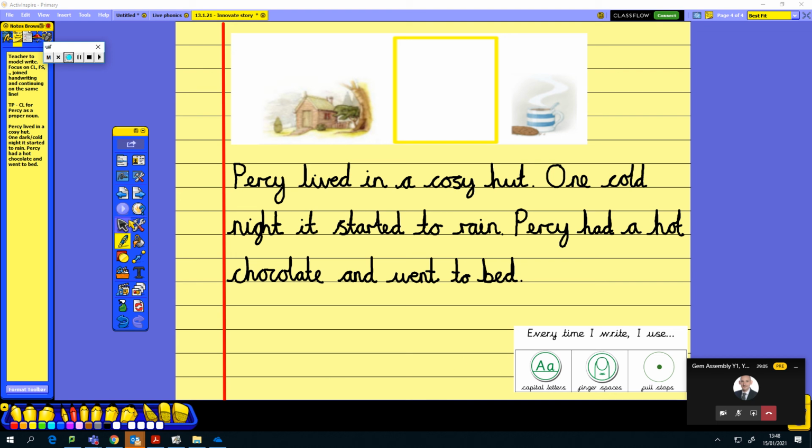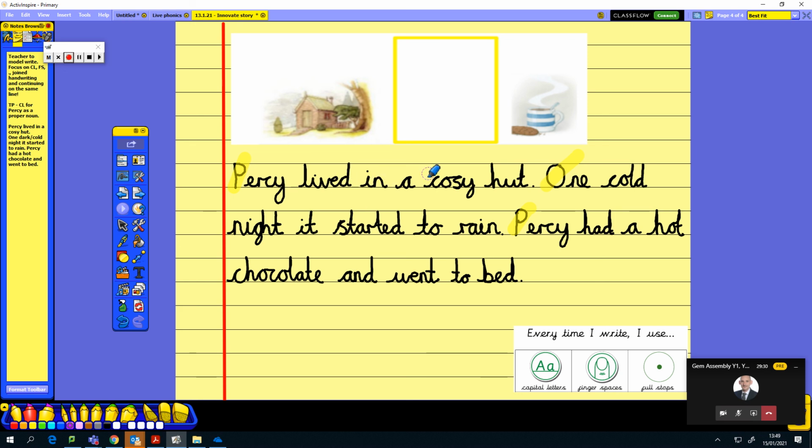Once I've finished writing my 3 sentences, I then have a look down at every time I write. Have I used capital letters at the start of my sentences? Let's have a look. Yes, yes, and yes. Have we used finger spaces?